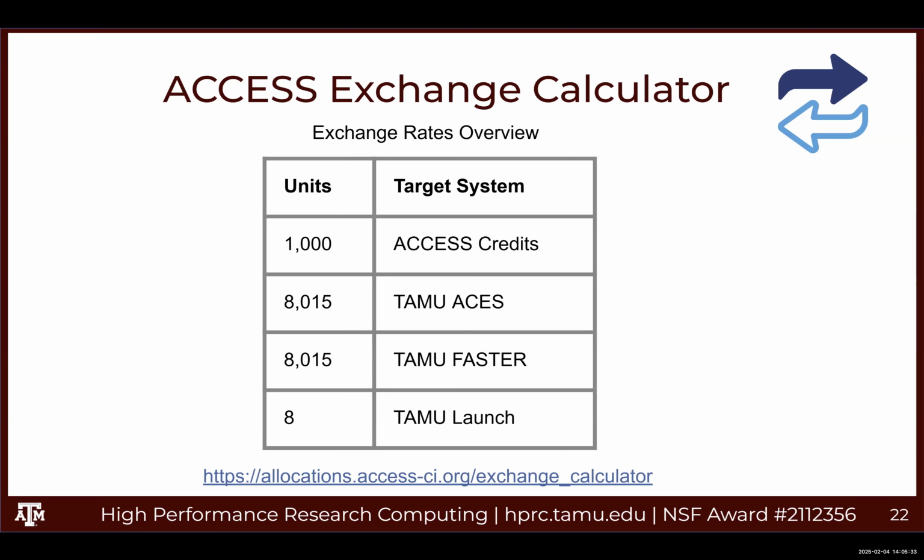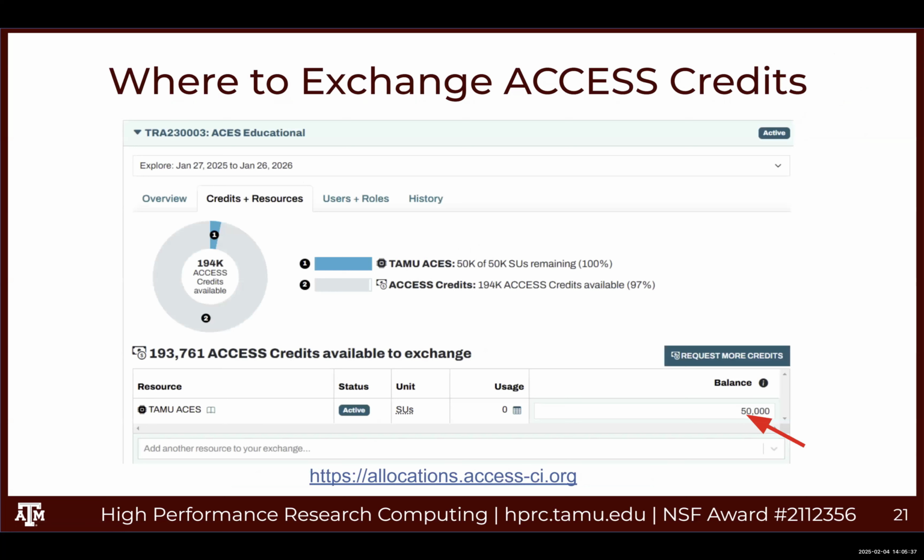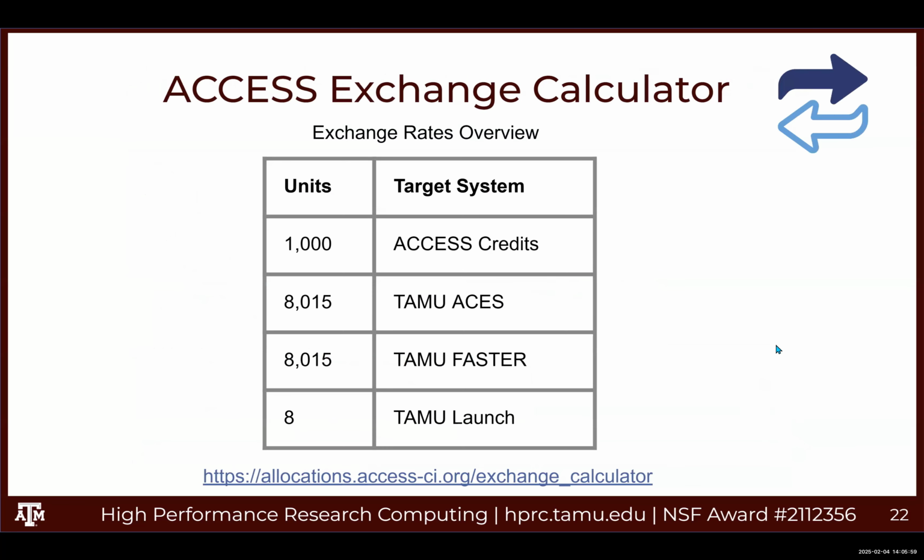And that's why you could see previously that my access credits, look how many I have left. I still have 97% of my access credits left. I didn't use very many to get 50,000 SUs on ACES. That's because of this exchange rate right here. Okay, that's pretty nice, huh?